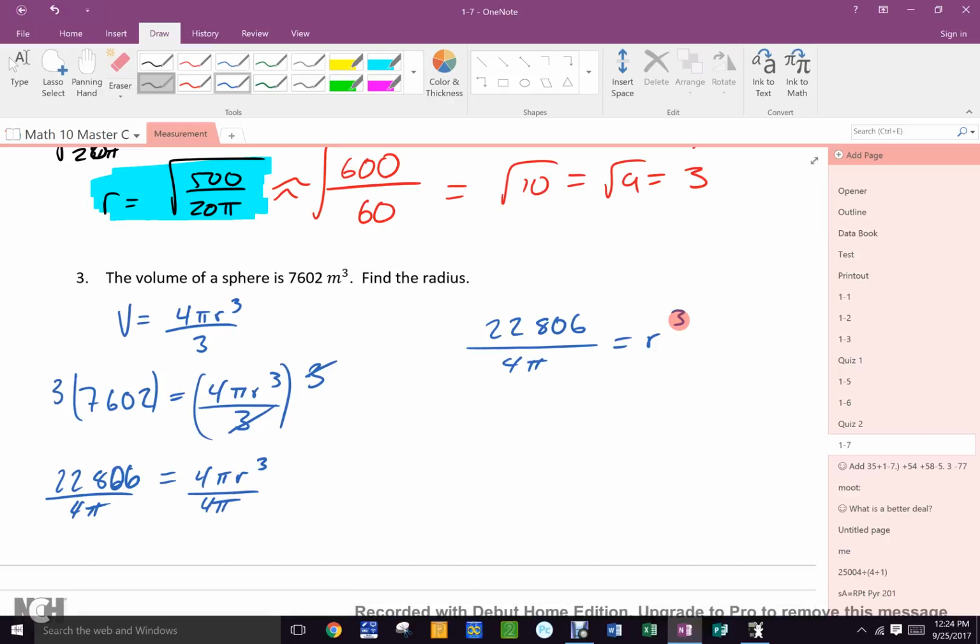If you get rid of squared with square root, what do you get rid of cubed with? Cube root. A cube root looks like this on your calculator. Almost all of you should have that button. If you don't have that button, I will come and show you. You do have that button.